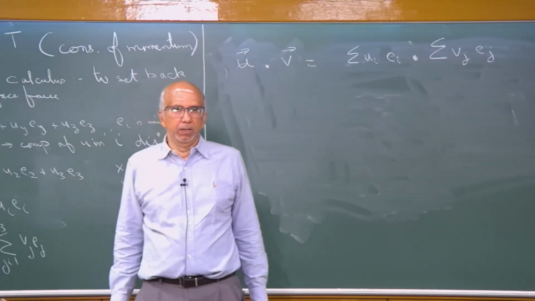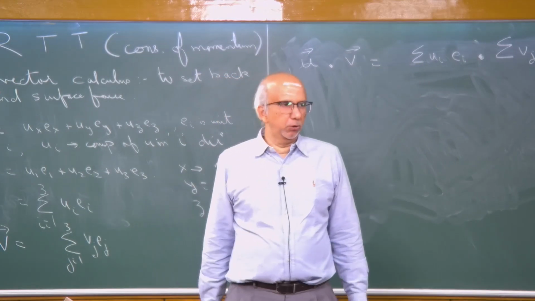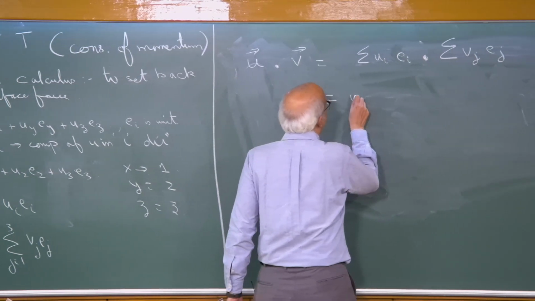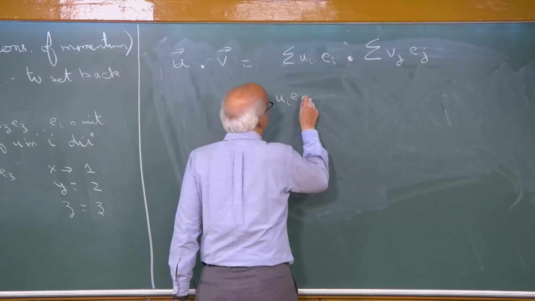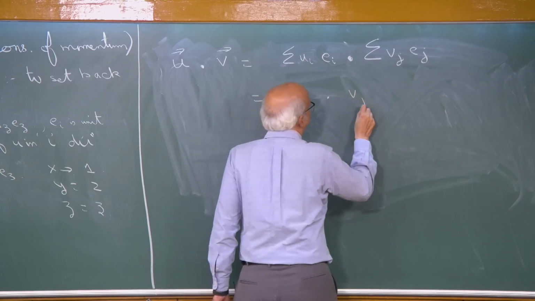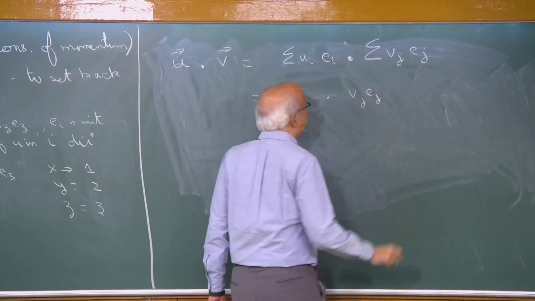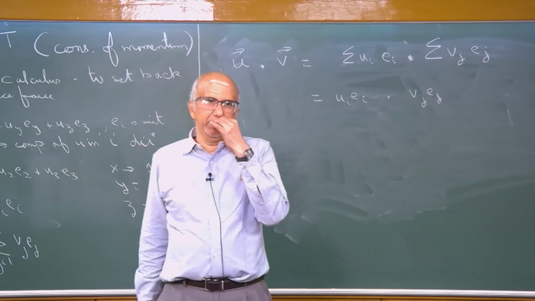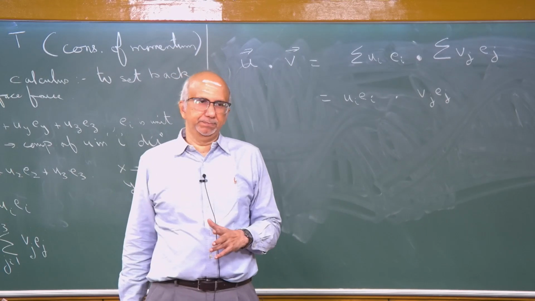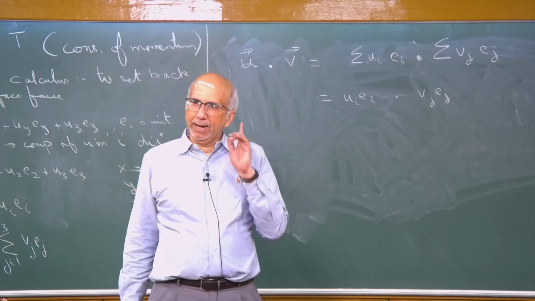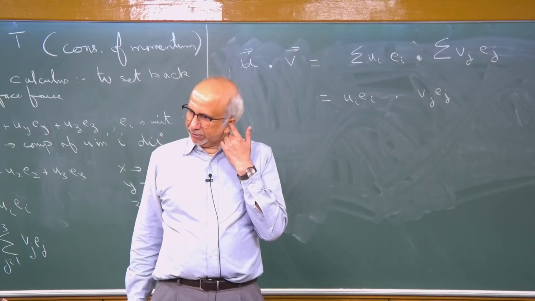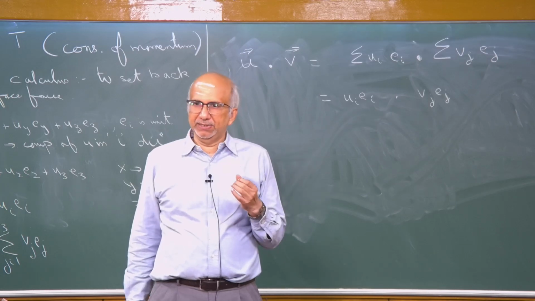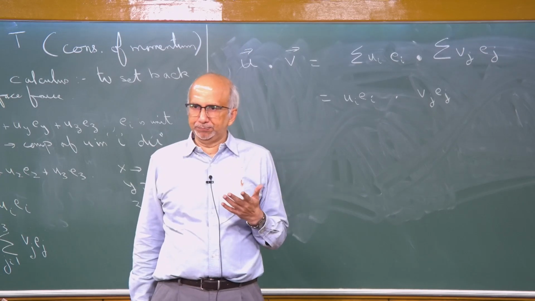Okay. Now we are going to write this as ui ei dotted with vj ej. I have dropped the summation sign, okay, and the reason for that is we are following what is called the Einstein's summation convention notation.